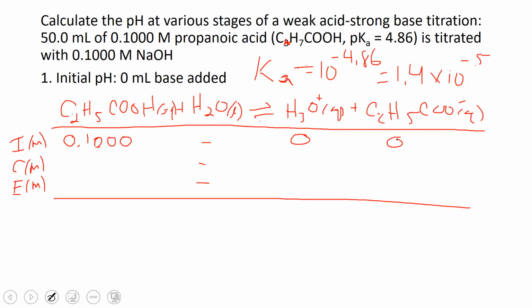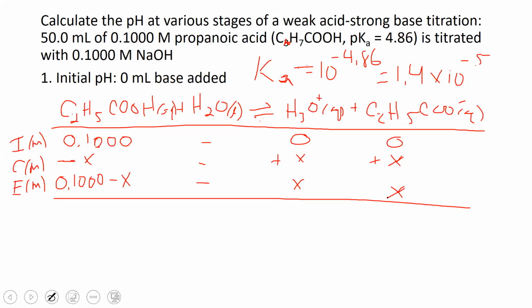So for every propanoic acid that dissociates, we get a minus X. So at equilibrium, we have 0.1000 minus X. We get plus X for every one of those that dissociates. We get a hydronium, and we get a propanoate. So plus X for both of them, which gives us X and X at equilibrium.